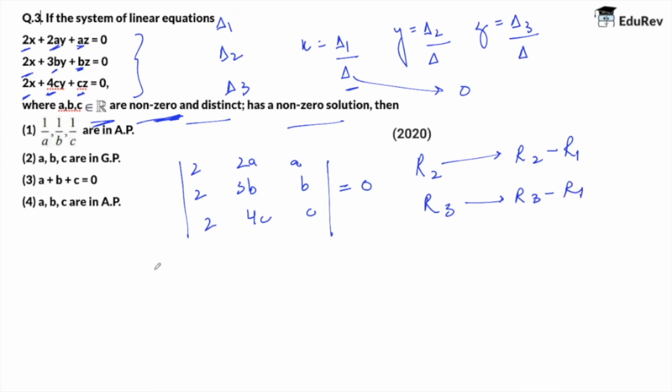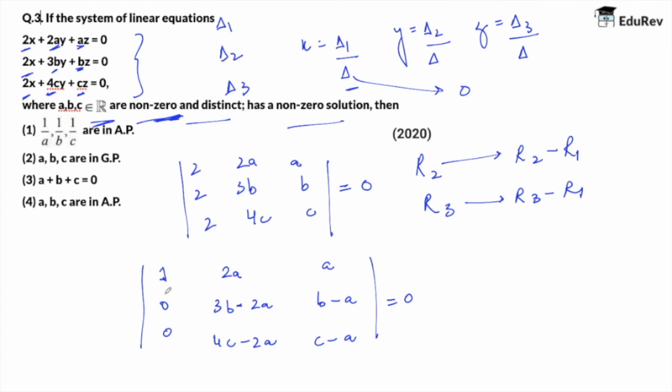So if I do this, what is going to happen? It will be 1, 0, 0, 2A, 3B minus 2A, 4C minus 2A, A, B minus A and C minus A. And this should be equal to 0.